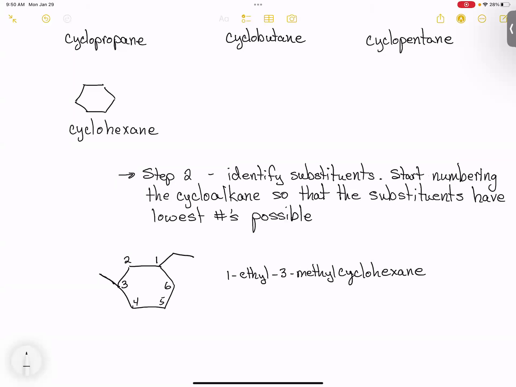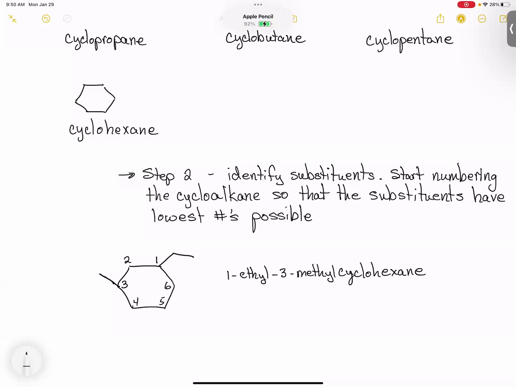In the last one, you chose your numbering system so that your substituents had the lowest numbers possible. You're doing the same thing. You're making sure your substituents have the lowest numbers possible. So it's the same process as before. It's just now we're in a cyclic structure. We're telling you what the parent has to be. It has to be the cyclic structure.